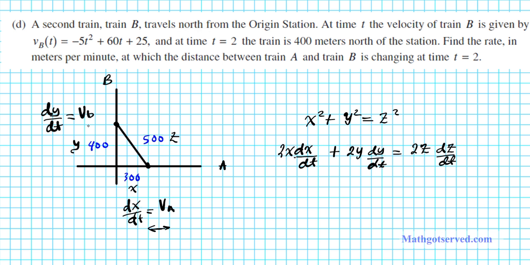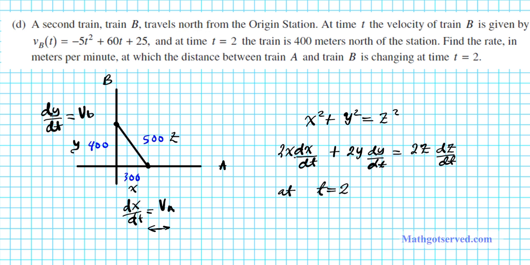Okay, so keep that in mind. What we're doing is taking a snapshot of the rates of change at t equals 2. So how does that apply here? At t equals 2, we want to find the rate at which the distance is changing. What is dz dt at t equals 2? That's what we're looking for. So we're going to carry out that calculation here.